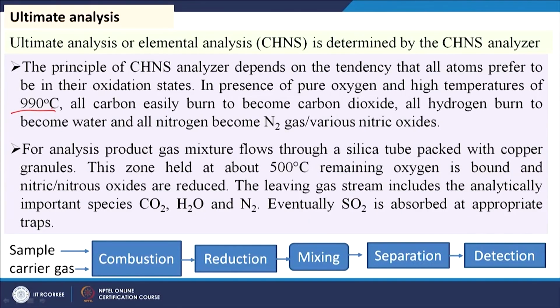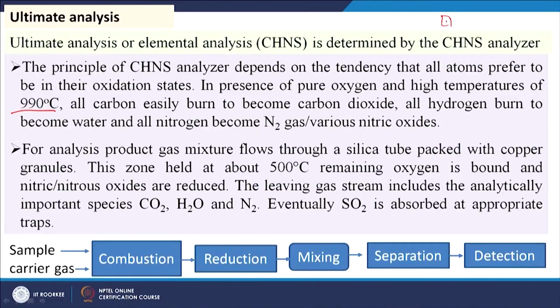In this case, the coal sample is combusted at higher temperature. The specific temperature is given here, that is 990 degree centigrade. When we heat it, carbon is converted to CO2, H is converted to H2O, N is converted to NOx, S is converted to SOx.